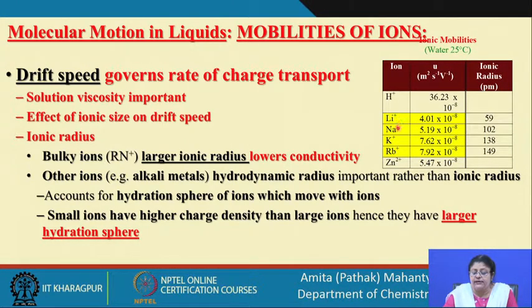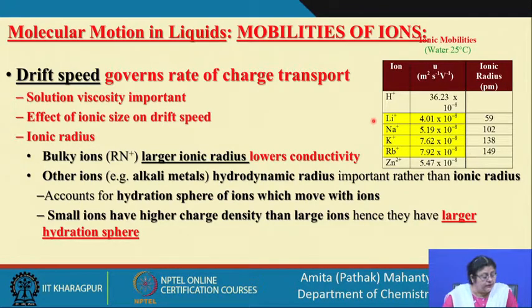If you look carefully, lithium is the smallest, right. If lithium is the smallest, then there should be the highest mobility, but it is not so, because the smaller the ion is, the more charge density there will be over that ion, and more solvent molecules will get attached to it. So the hydrodynamic radius, or, if it is a solvent like water, the solvated radius or hydration radius of the sphere for the ion, is going to be increased, right.